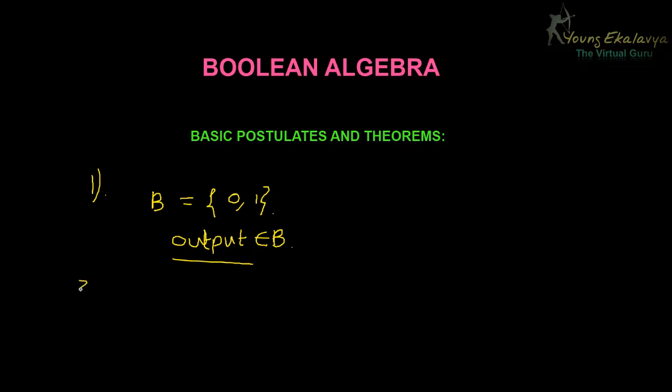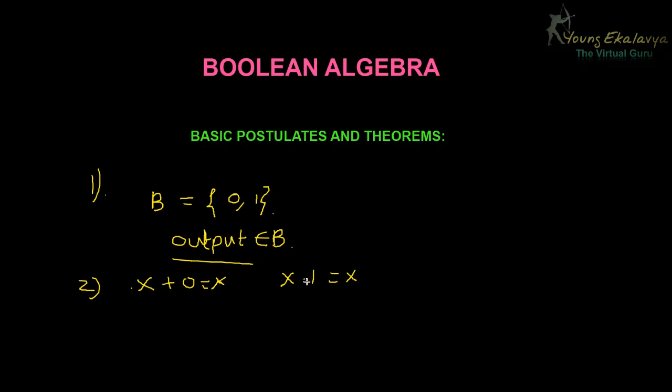Now we will see postulate 2. In Boolean algebra, x plus 0 is equal to x and x and 1 is equal to x, that is, x or 0 is equal to x, and x and 1 is equal to x.